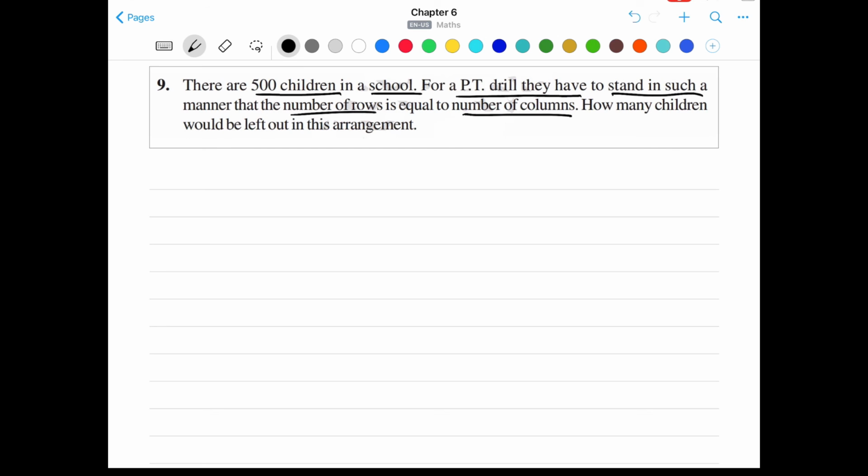Again, the condition is the same. We have to keep the number of rows and number of columns equal. Out of 500 children, how many children would be left out for this arrangement?